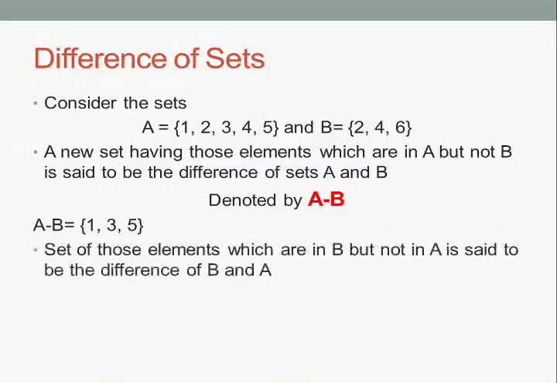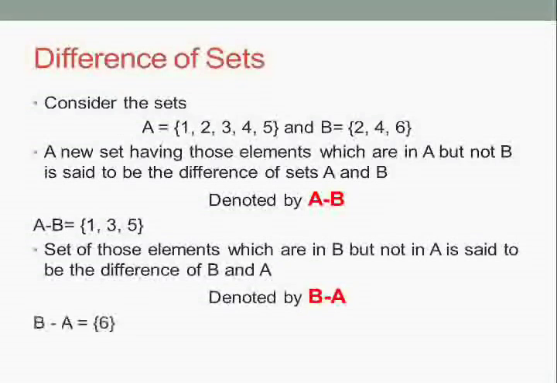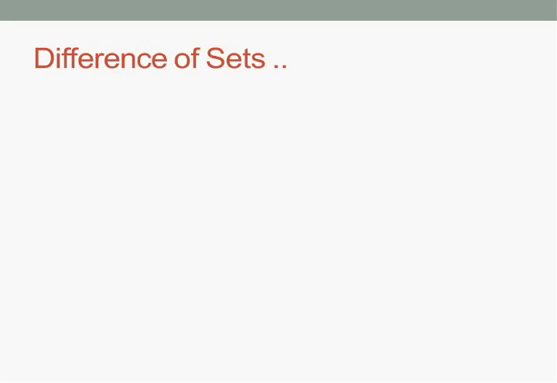Similarly, the set of those elements which are in B but not in A is said to be the difference of B and A. It is denoted by B minus A. Here B minus A equals {6}.